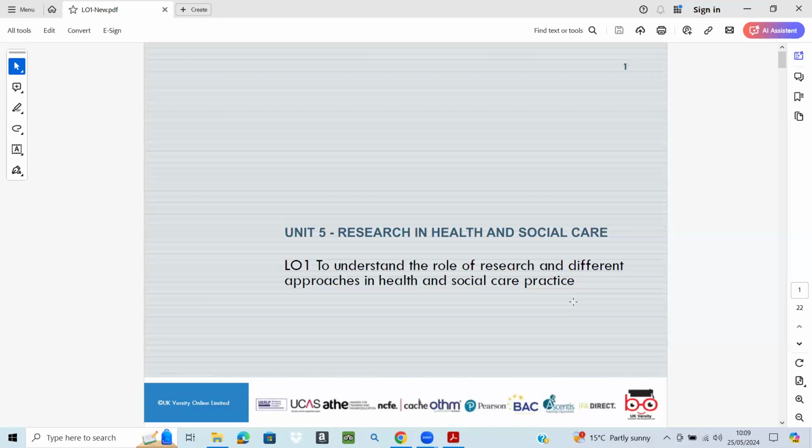Then we can involve action research as well. In this approach, researchers and participants work together to identify a problem, implement changes, and evaluate the outcome.